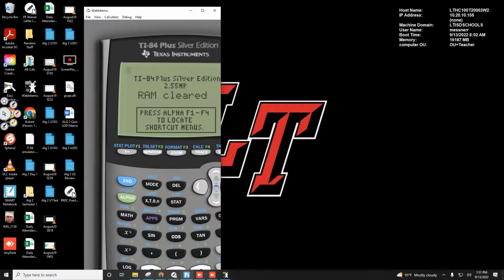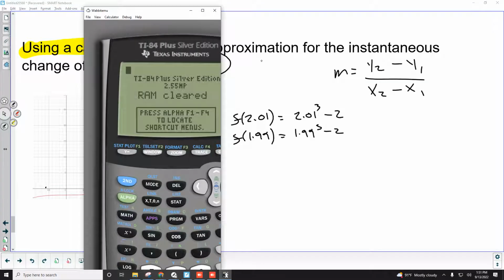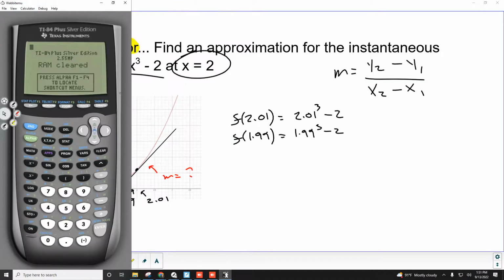There we go. Here's the calculator. I'm going to just do it all at once. I could spend the time doing 2.01 cubed minus 2 and find that y value, but I'm just going to put everything in a fraction.